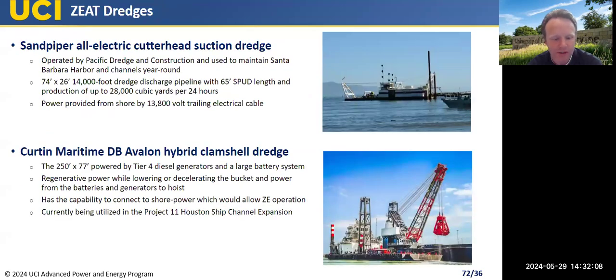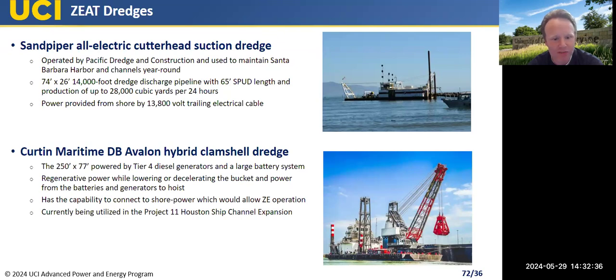So dredges, another sector with a tremendous range of different vessel types. Essentially, they're made to move sediment, but they vary from very small to very large, and they have all kinds of different equipment. Two of the interesting examples in California in terms of ZEAT: one is the Sandpiper, which is an all-electric cutter head suction dredge. It's used for harbor maintenance in Santa Barbara year-round.